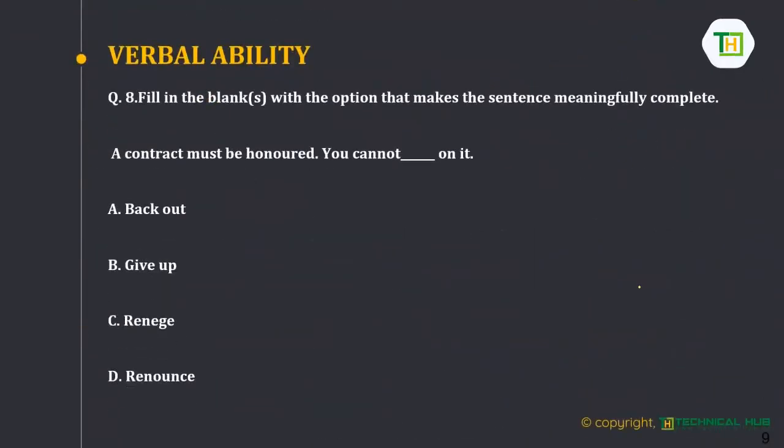Fill in the blank or blanks with the option that makes a sentence meaningfully complete. A contract must be honored. You cannot dash on it. So previously we have seen this question in DXC test 5. I just want to explain this. Okay. So yeah. Back out, also go back.